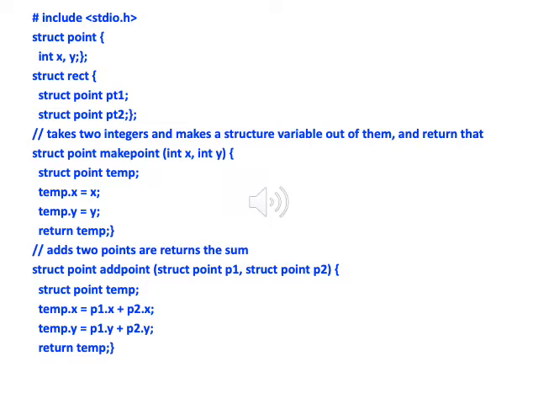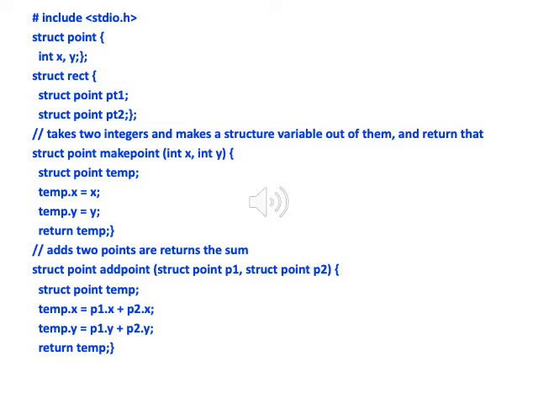So now we'll discuss a family of functions which perform certain operations on them. The first function that we have is called make point. So now let's look at that. What is this function doing?